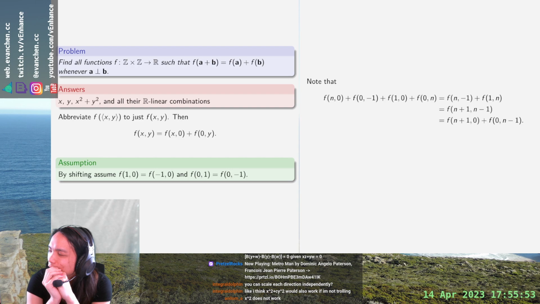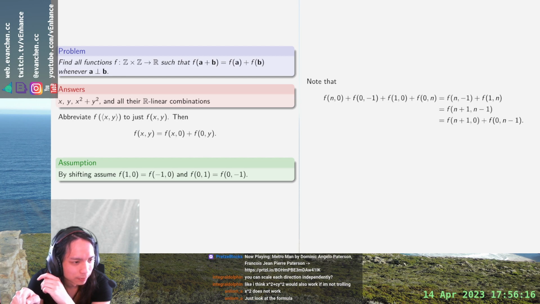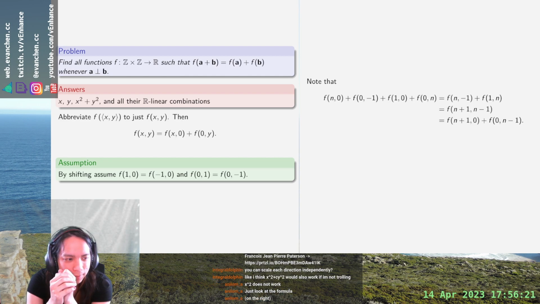Oh, of course X squared works. What am I talking about? No, wait, does it? Hang on, one moment. I don't think X squared works. No, it doesn't. Oh yeah, okay, also that, yeah.